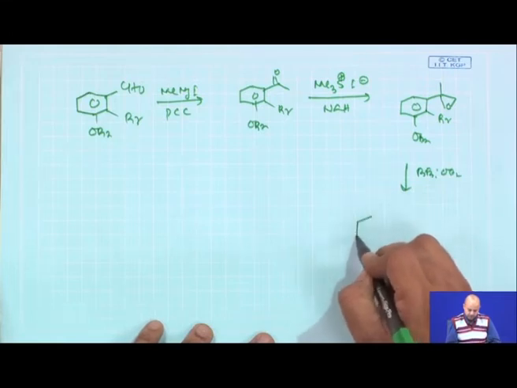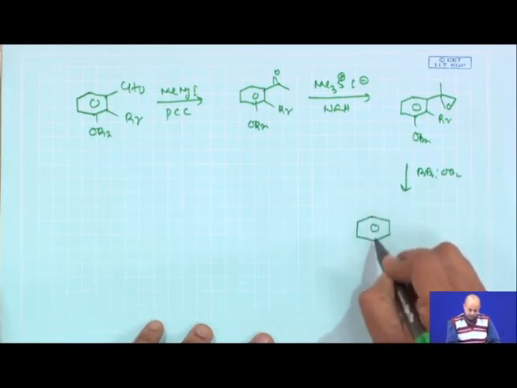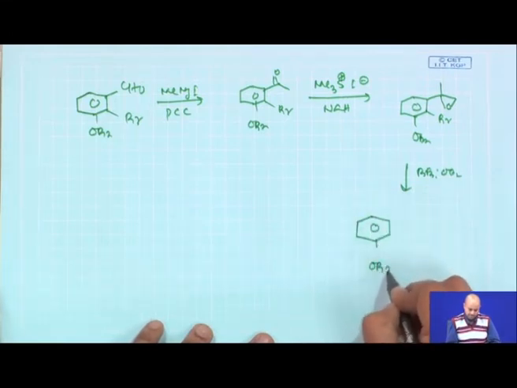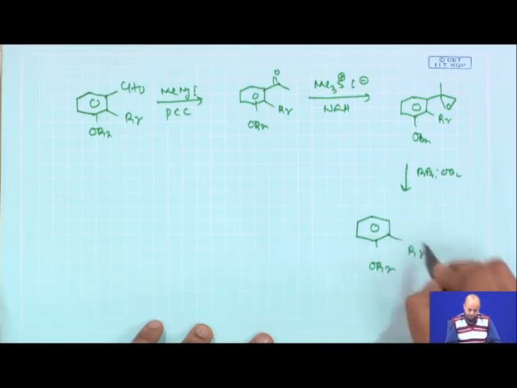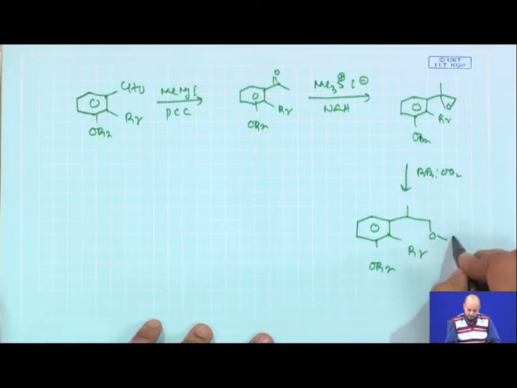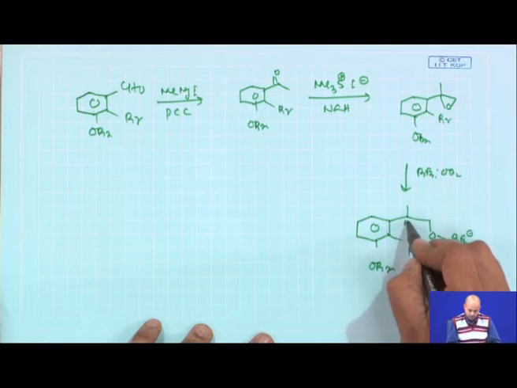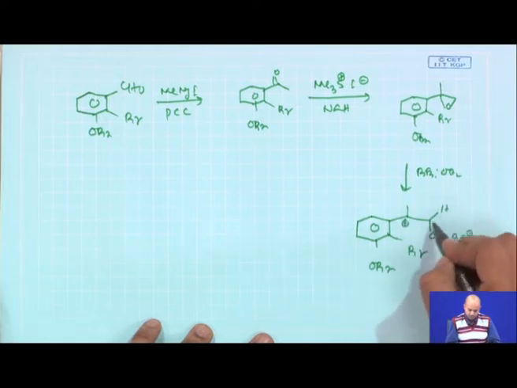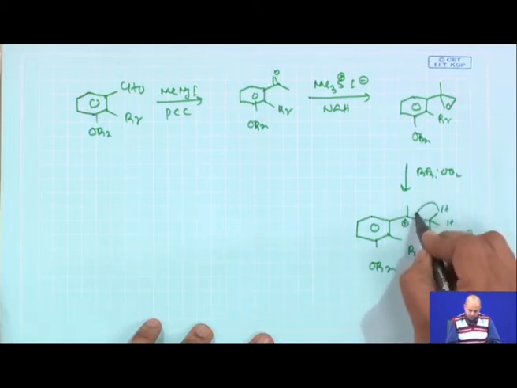Initially you open up the epoxide, with O and BF3 minus, you have these things. There are 2 hydrogens, and one hydrogen migrates here.